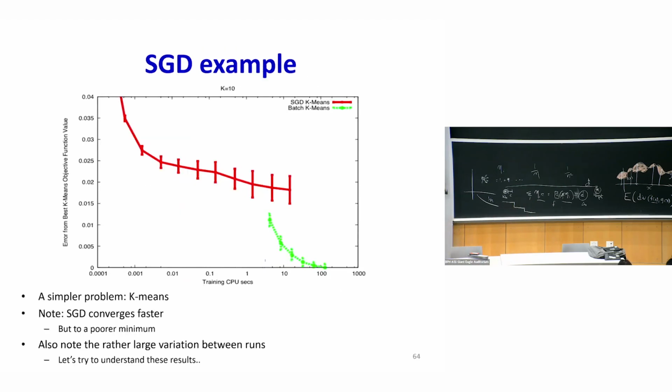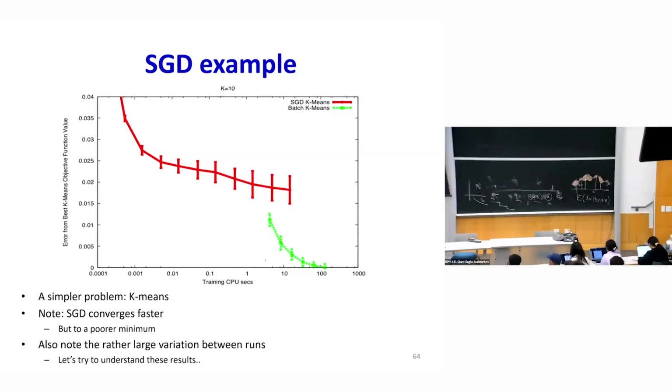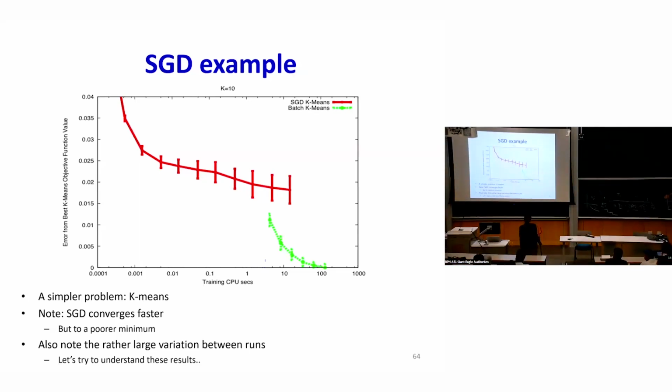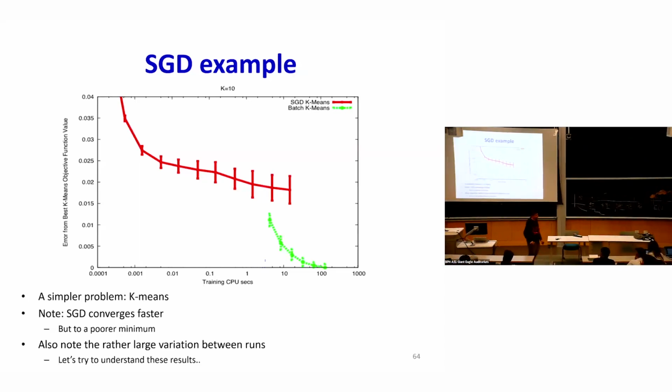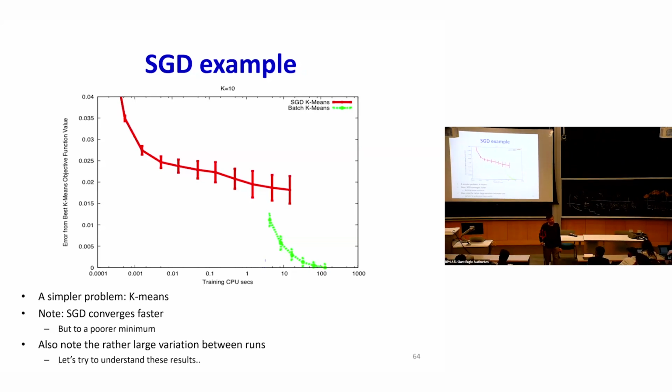This is an example I pulled off the web for k-means clustering. And you know how k-means clustering works. You have a whole bunch of data. You have to cluster it into a finite number of clusters. And depending on how you initialize it, you're going to get different solutions. So as you go through the iterations, the optimality of your solution is going to change. And so this was the actual solution for k-means.